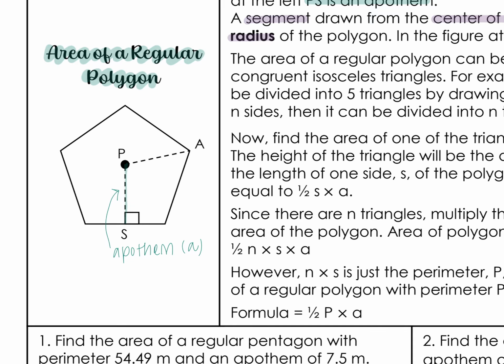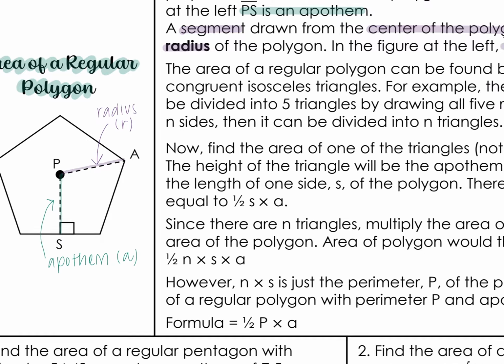Then they also told us that from P to A, to a vertex, this line here would be our radius. I'm going to put an R there because we use a lowercase r to show the radius.